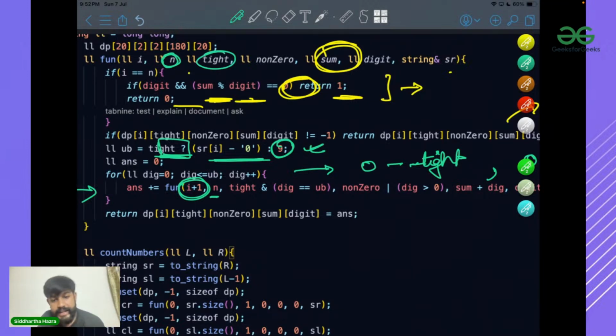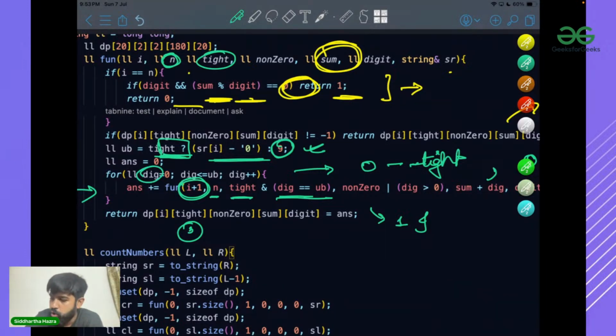Let us see how that tight is being observed here. If the tight that we got here is already 1 and we do dig equals ub.